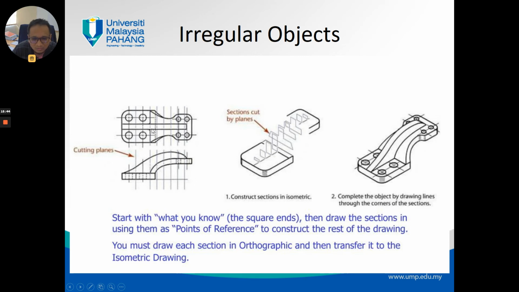So say for this one you have 1, 2, 3, 4, 5, 6, 7, 8, 9 and 10 lines. So you divide 1, 2, 3, 4, 5, 6, 7, 8, 9 lines. Aside from this final line here, for all of them you have to take into consideration the height from the surface, what the height is going to be. So from here you take a straight line and measure the height for each line.